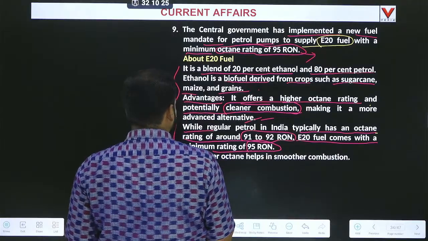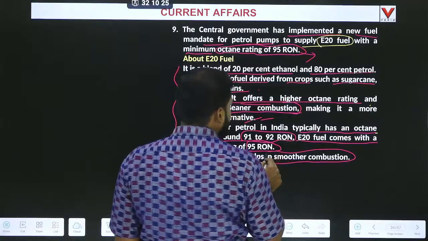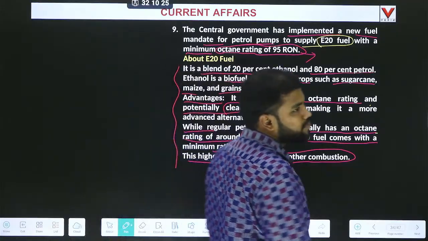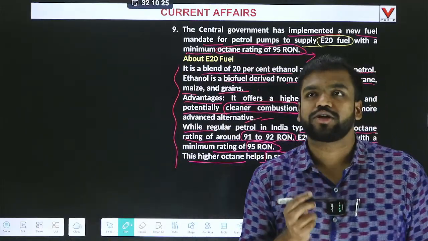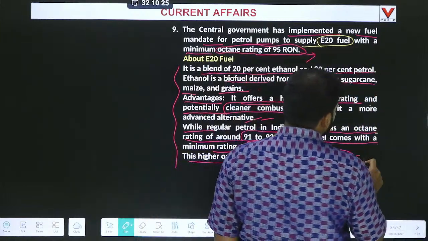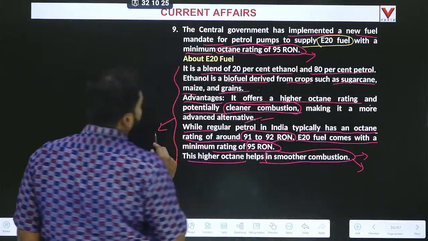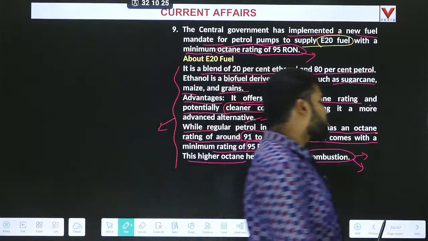This higher octane helps in smoother combustion, obviously. That's why it has higher productivity and lesser environmental impact, right? That's also a point in favor of using ethanol in petrol, as per the government.